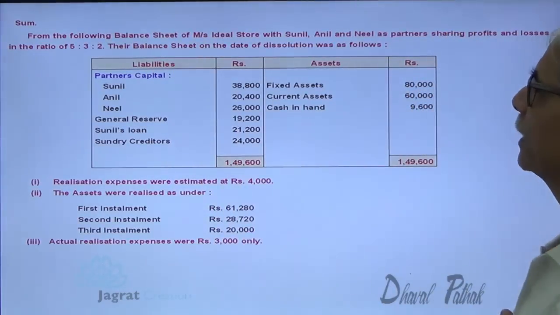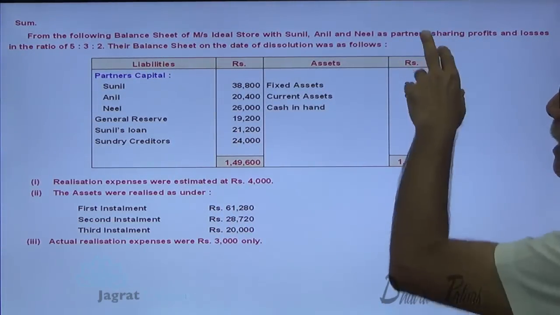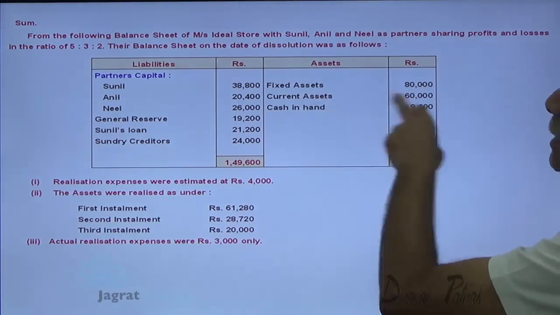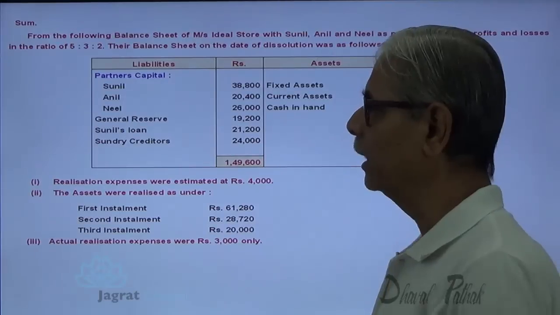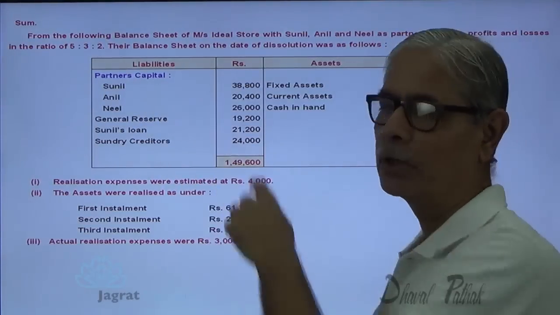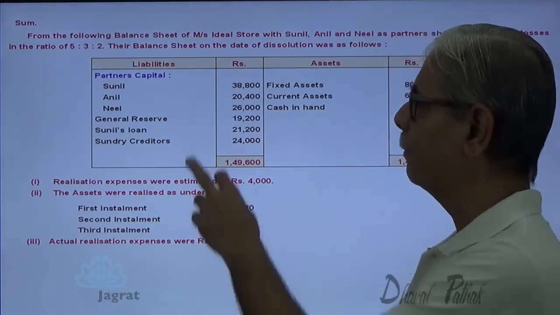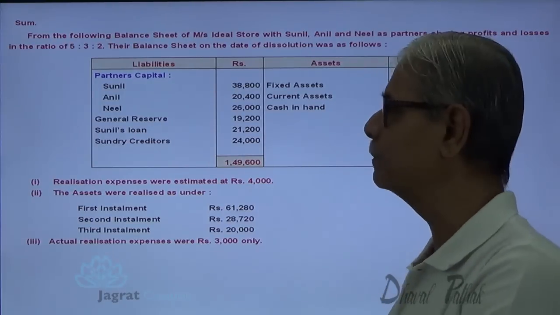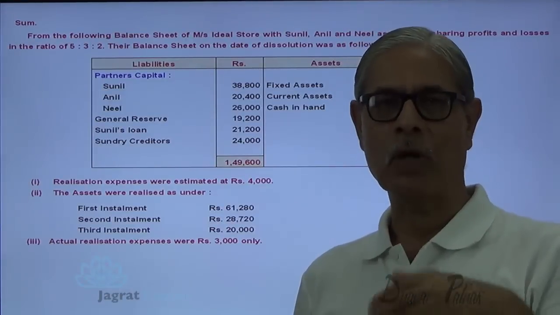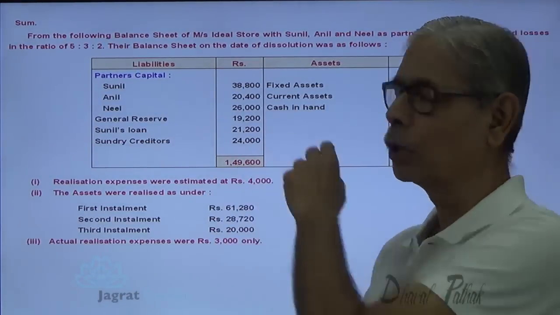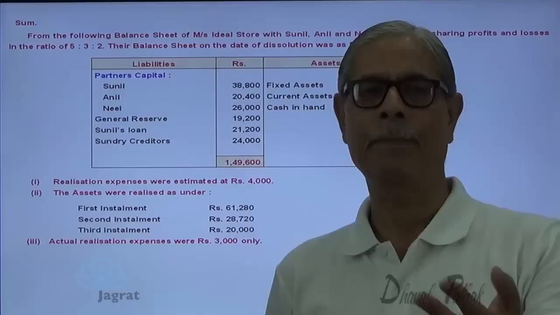The balance sheet as on the date of dissolution was as follows: fixed assets, current assets, cash in hand, capital of Sunil, Anil, Neil, general reserve that is distributed in the ratio of 5:3:2 because it is an undistributed profit, partners loan, creditors. First payment will be made to outsiders, then partners loan will be paid, then partners capital will be redeemed.